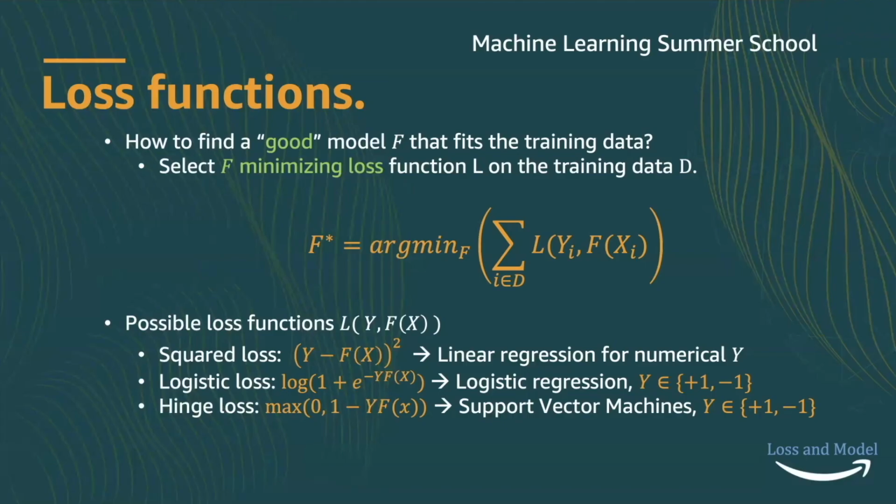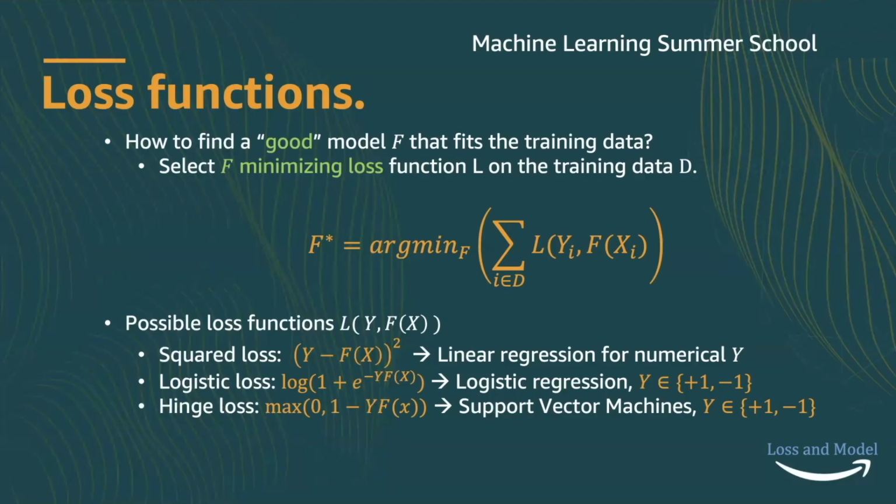So we use what is called a loss function, which will tell us how good or bad a particular F is. A very simple loss function for regression could be just the difference between the true value and the prediction, and that is what is called the squared loss. However, if you have a classification problem, the squared loss wouldn't work as well. So we have other losses.